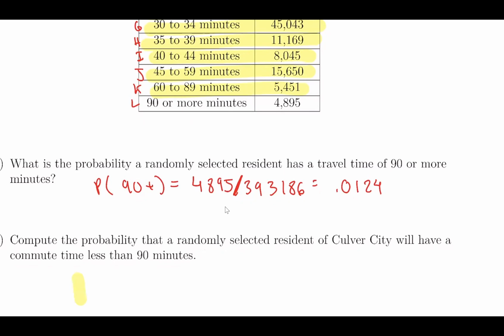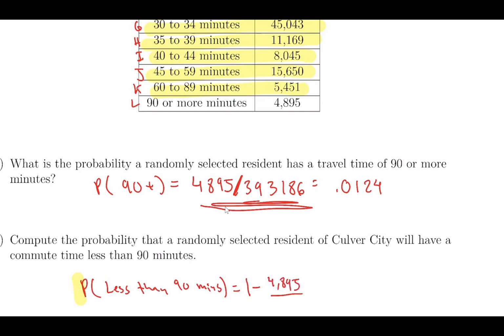So instead of adding up all of these, I could, oops, sorry about that. Let me change that. So if I want it to be less than 90 minutes, I could take the complement of what I found in part A. Because I could do 1 minus this probability, which is 4,895 out of 393,186.